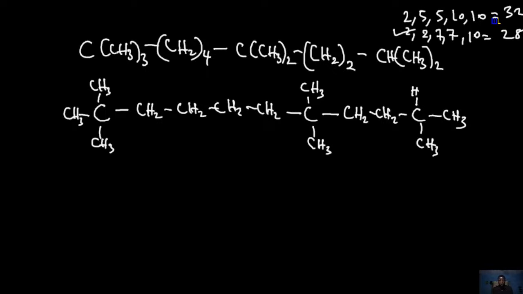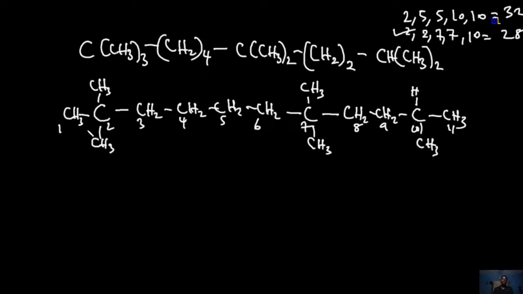That is, I'm going to preferably number from this other side. So moving ahead, we are going to number from here, because when you add the locants, you will notice that this one has a smaller locant than the other. So this is 1, 2, 3, 4, 5, 6, 7, 8, 9, 10, 11.